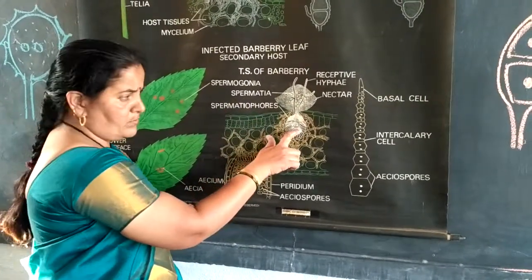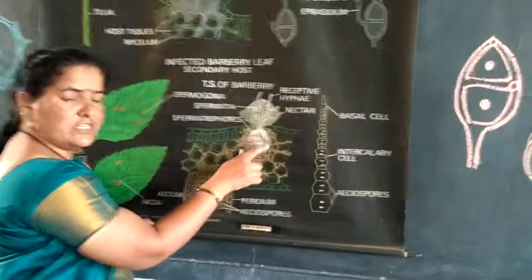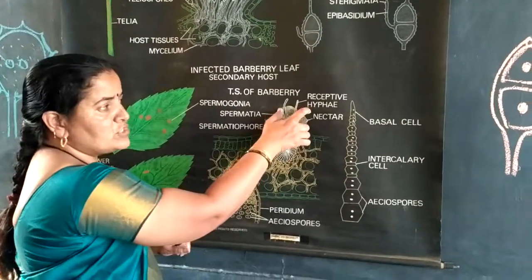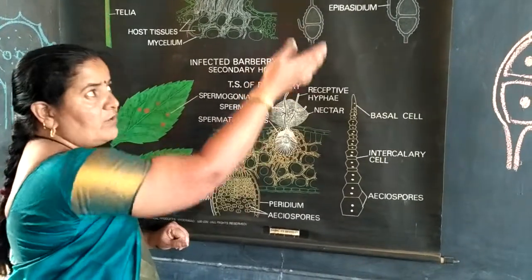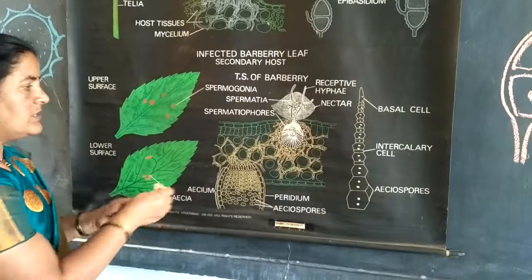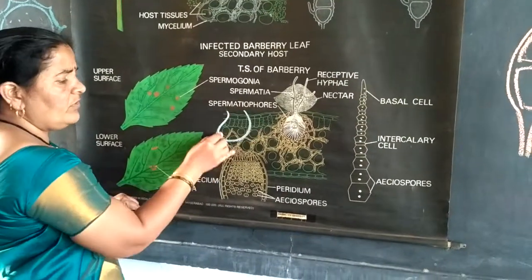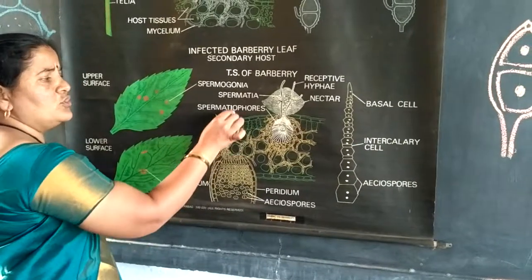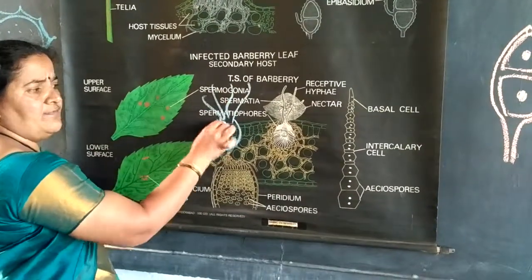The positive basidiospore germinates and produces the positive pycnidium with positive pycniospores and positive receptive hyphae, while the negative basidiospore germinates and produces the negative pycnidium with negative pycniospores and negative receptive hyphae.